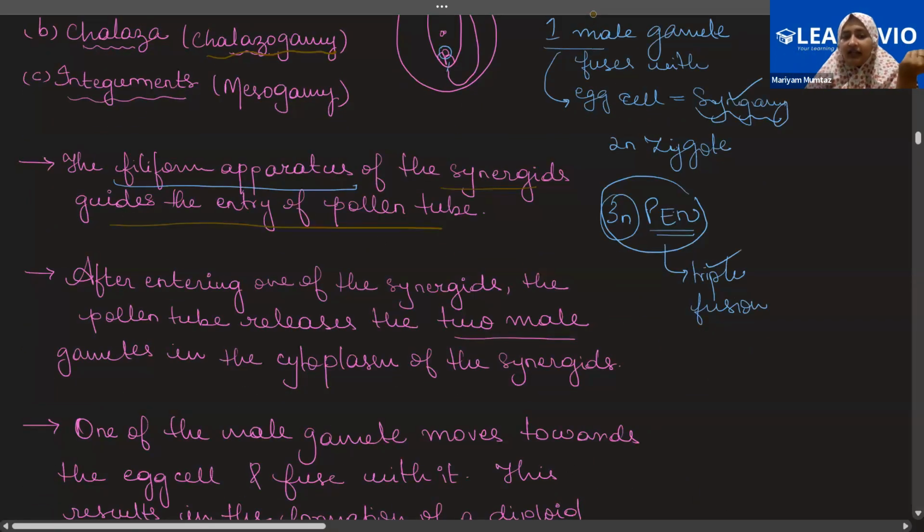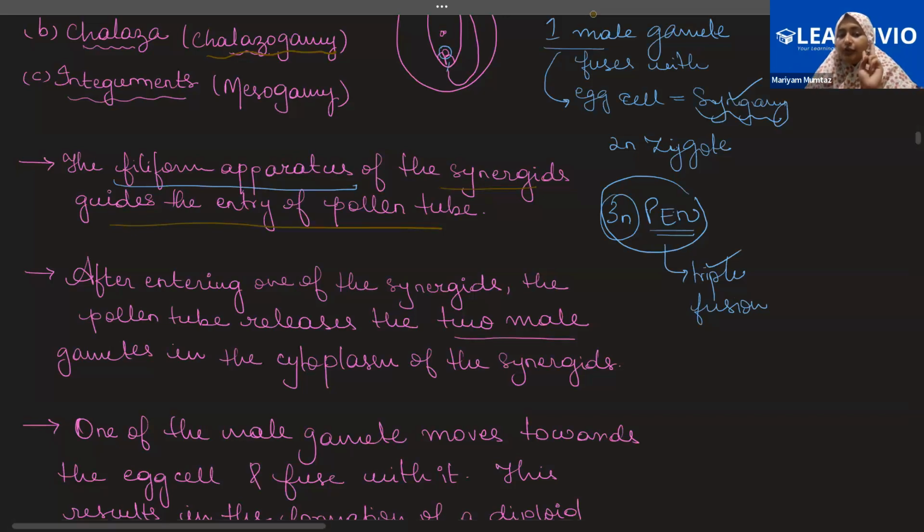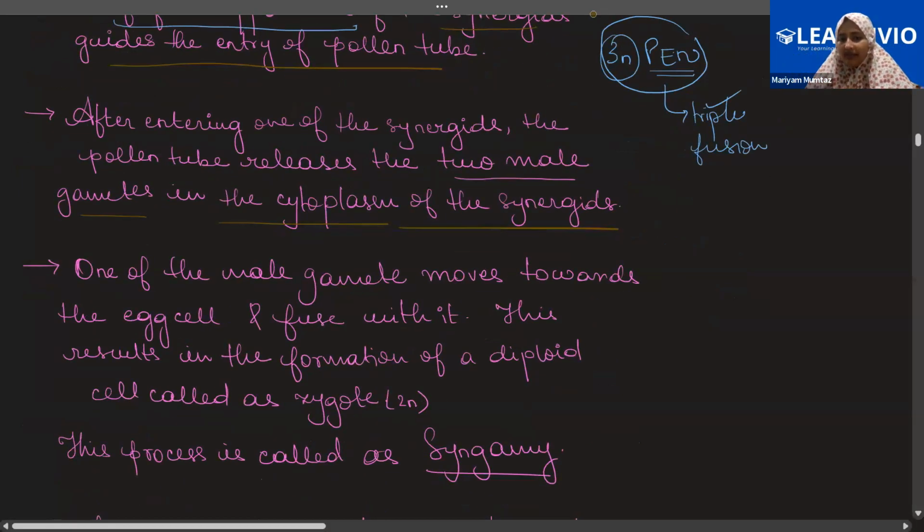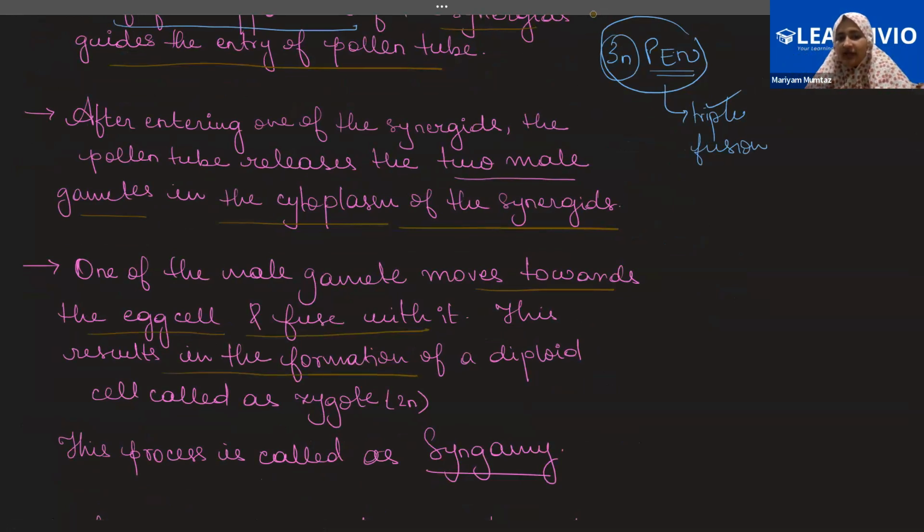After entering one of the synergids, the pollen tube releases the two male gametes in the cytoplasm of the synergids. Now, one of the male gametes moves towards the egg cell and fuses with it. This results in the formation of a diploid cell, which is known as the zygote.